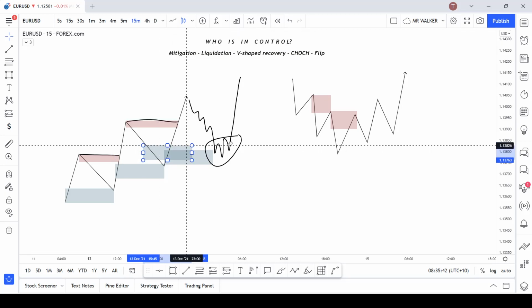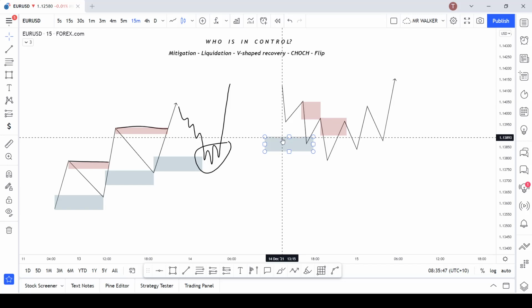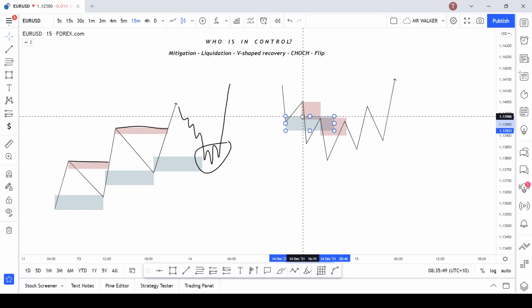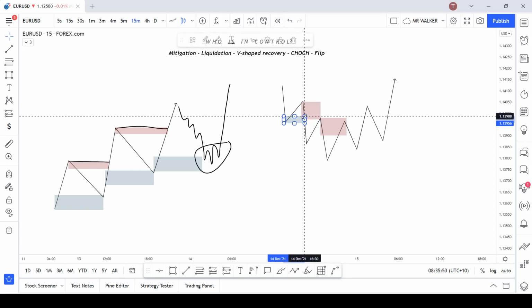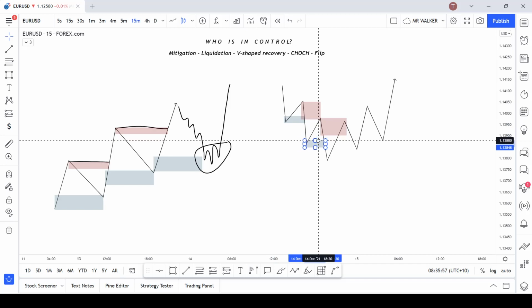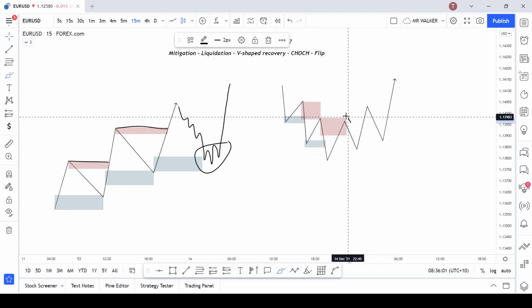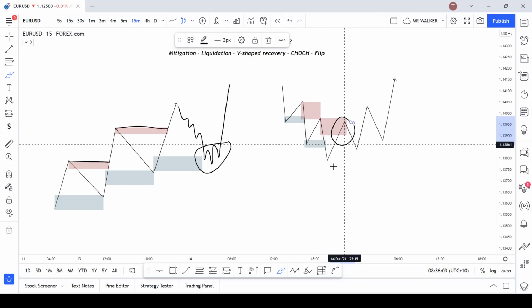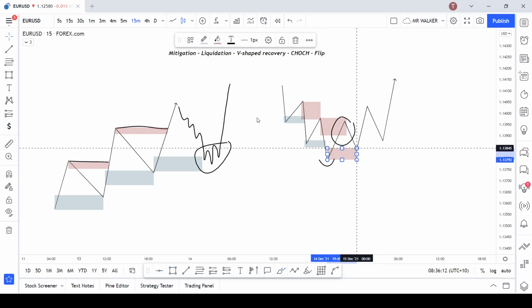What we want to see is supply given a reaction. One sec, please. What we want to see is supply given a reaction in here in this zone, but then failing to break this low, which will then mean that the demand in here held, right?